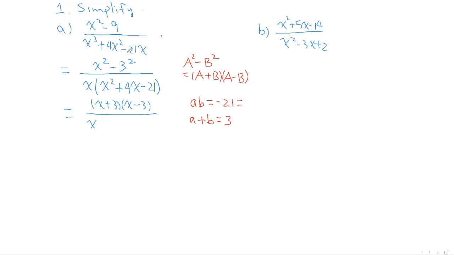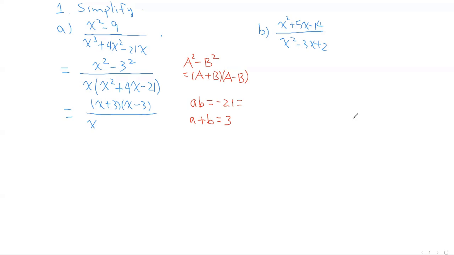For the denominator, x is a common factor, so we take an x out. Then we divide each term by x. X cubed divided by x is x squared. 4x squared divided by x is 4x, and minus 21, right?